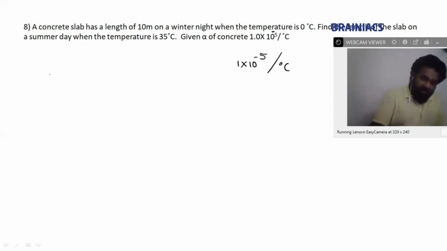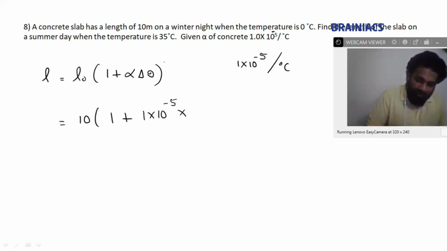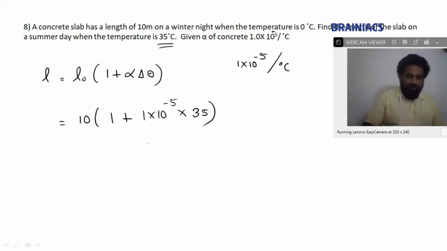So new length is equal to old length into 1 plus alpha delta theta. Direct formula substitution. The original length was 10. So 10 into 1 plus alpha, which is 1 into 10 raised to minus 5, into the change in temperature. It was 0, now it is 35, so we write 35.